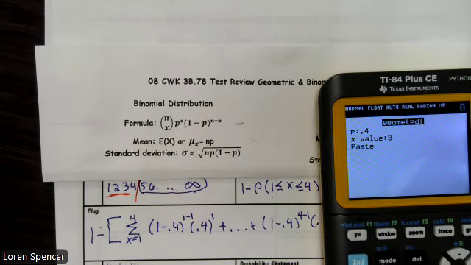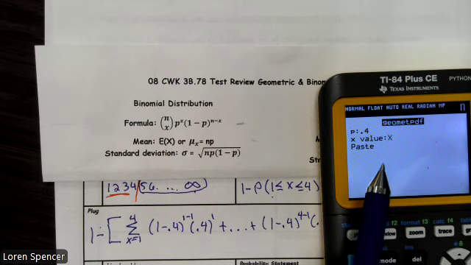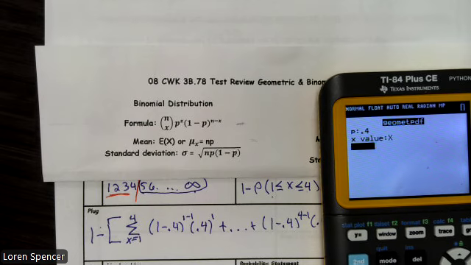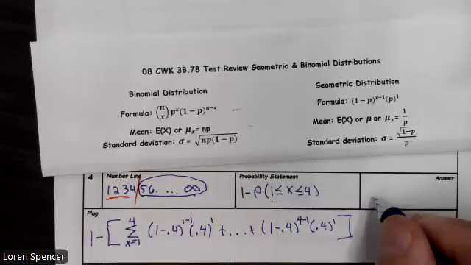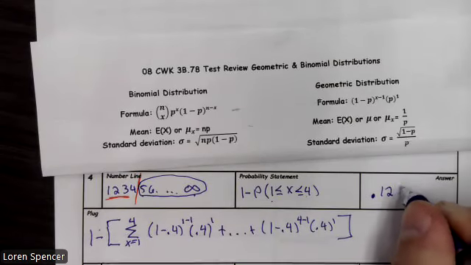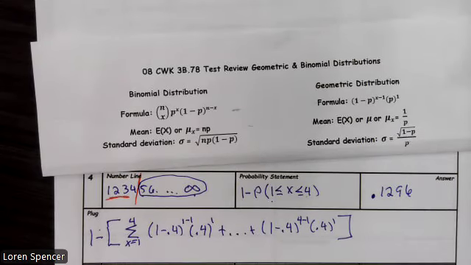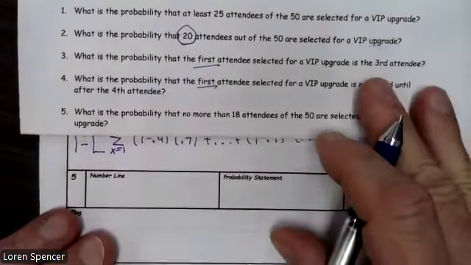Anytime you use a summation, we have to have X here, because that operates as a counter, because it says X can be 1, X can be 2, X can be 3, X can be 4. And we end up getting 0.1296. So the answer to number 4 is 0.1296.